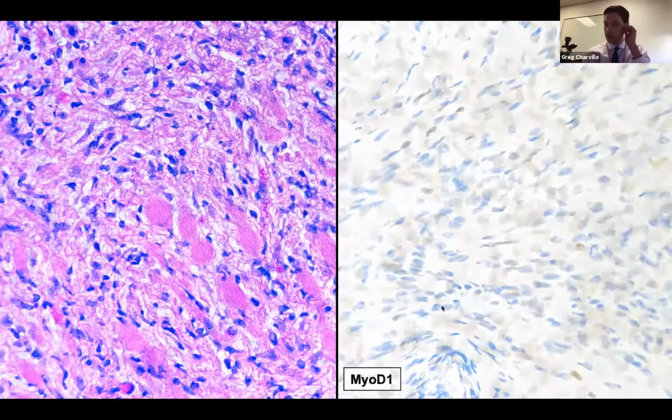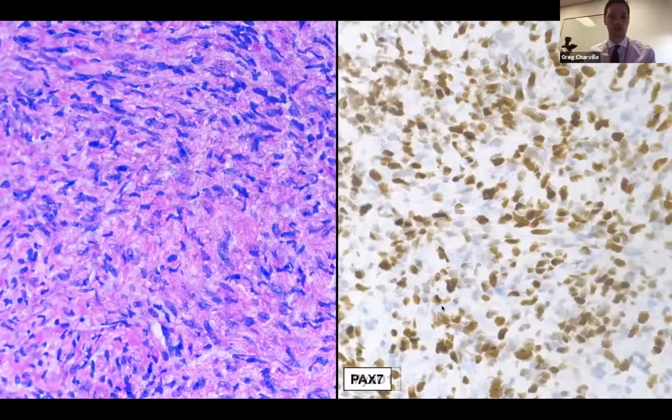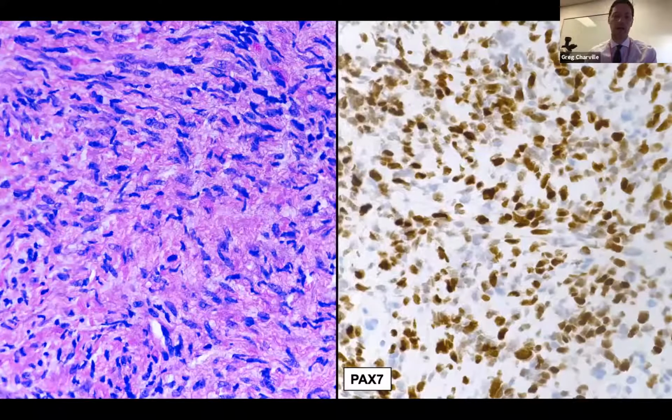And again, it's difficult to say for sure that this does not represent background staining. Here we did a PAX7 stain, which is non-specific in this context, but certainly is expressed in tumors with rhabdomyoblastic differentiation, along with synovial sarcoma and Ewing sarcoma. So not specific, but in this context it made us think that potentially some of the evidence of skeletal muscle differentiation in the tumor itself, the myogenin I described earlier, the desmin, the muscle-specific actin, was truly representative of myogenic differentiation.